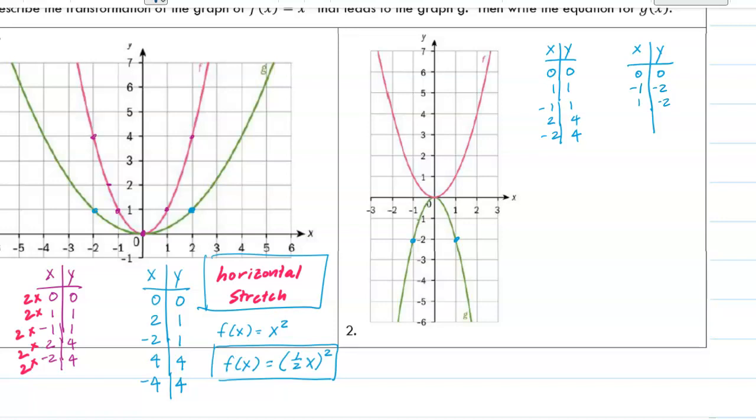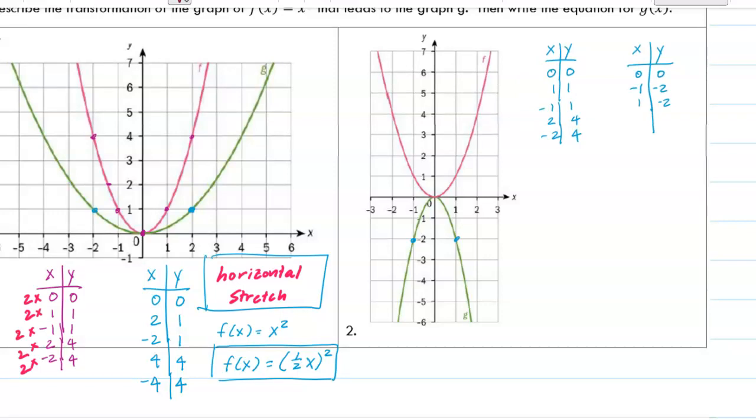Okay, it looks like, first of all, the x values got multiplied by negative 1 to produce those. And then the y value got multiplied by negative 2. I'm wrong. Okay, so that's not right.